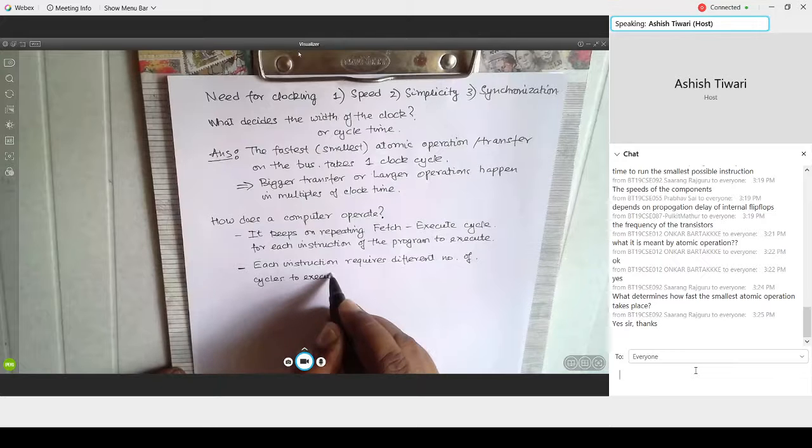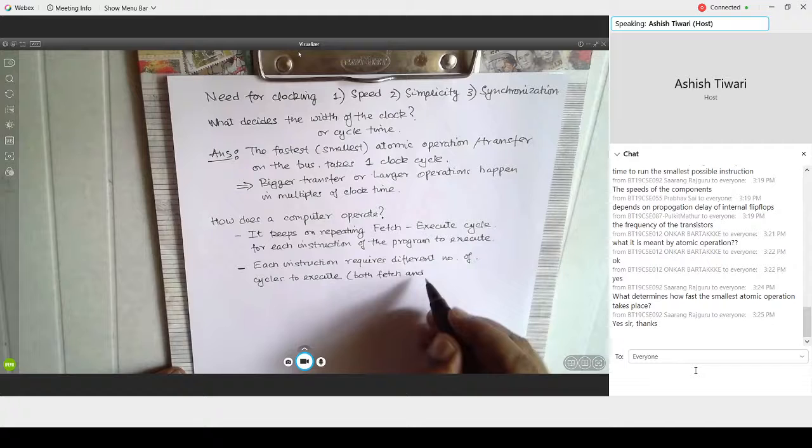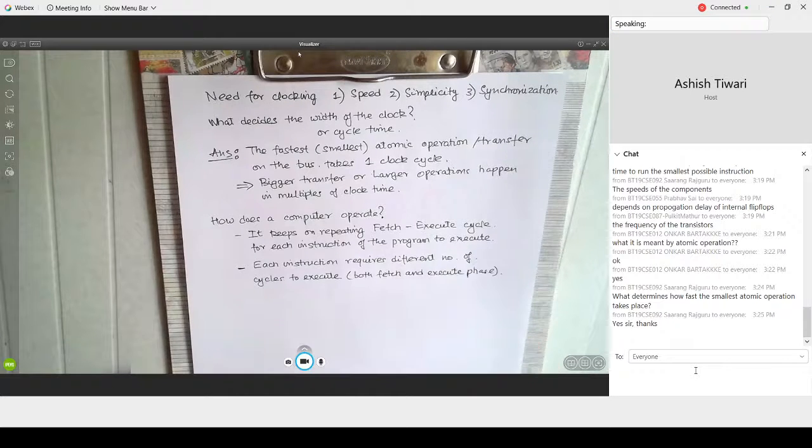And when I say fetch and execute phases, this is a combined thing that I'm saying. Just as an example, suppose I talk of an add instruction. It could be taking 4 cycles to execute. I talk of a move instruction, it could be just taking 2 cycles. If I talk of a multiply instruction, it could be taking 100 cycles. So different instructions require a different number of cycles.